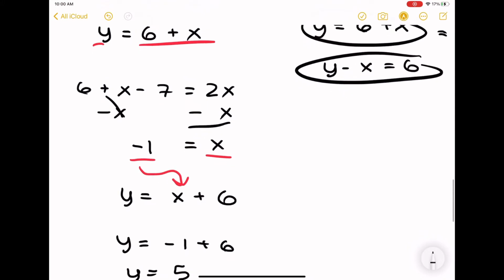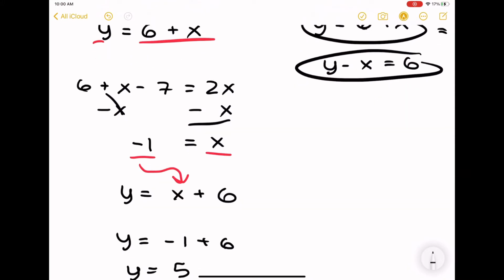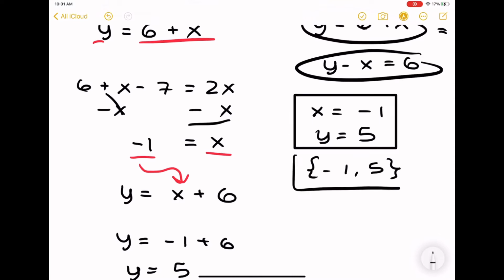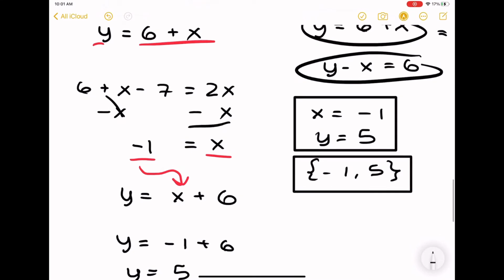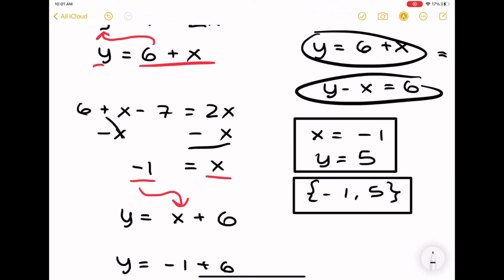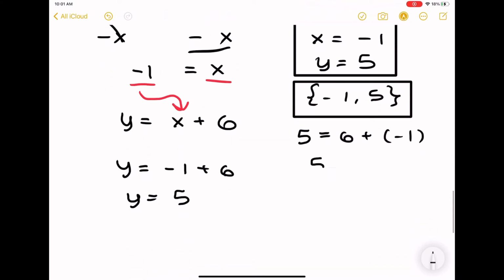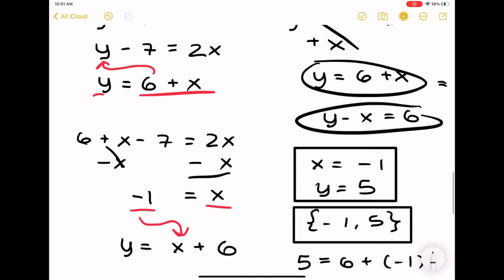Now, as I promised, I'm going to show you that the two equations we had in the beginning are in fact equal. We take what we have for x and what we have for y and plug it in. For the first one, we have y, which is 5, is equal to 6 plus negative 1.